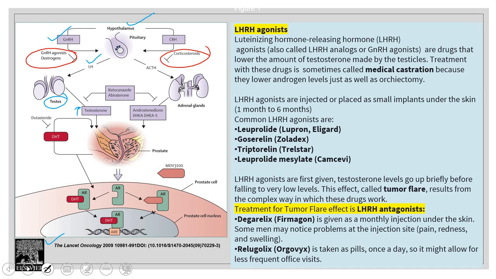Corticotropin releasing hormone is there, and the ACTH acts at the adrenal gland cortex level, secretes the cortisol, and then it secretes the other hormones. So you can block it here through ketoconazole, and the testosterone comes and attaches with receptors.